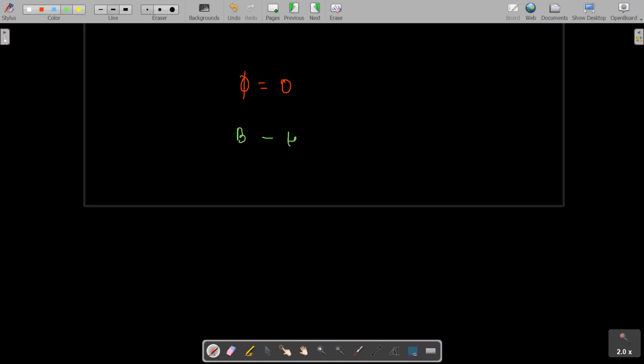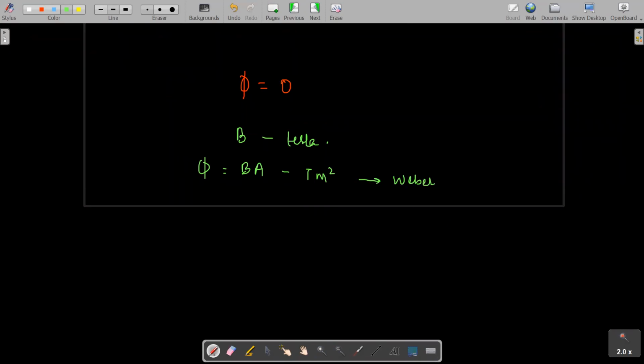Flux is B into A, so Tesla into meter square, and we say it as Weber. It is the SI unit of flux.